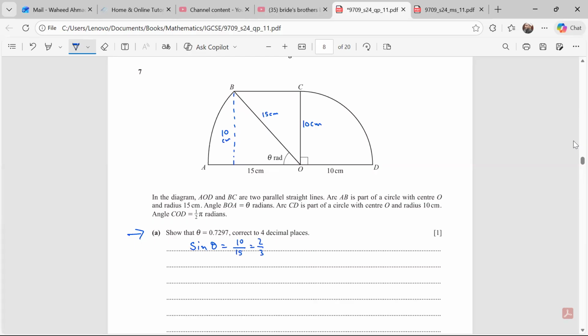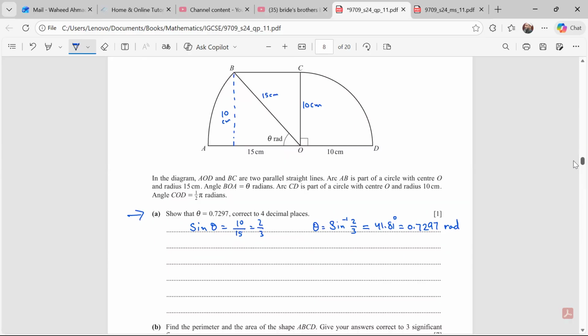From here we can see that theta is equal to sine inverse 2 by 3. By calculator, this comes out to be 41.81 degrees, and in radians this is equal to 0.7297 radians.